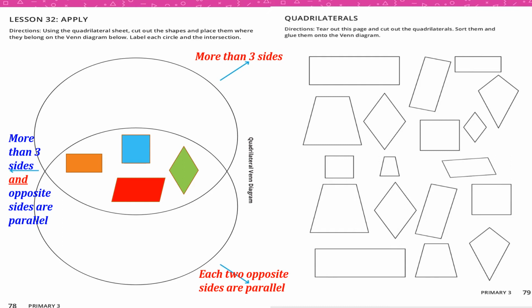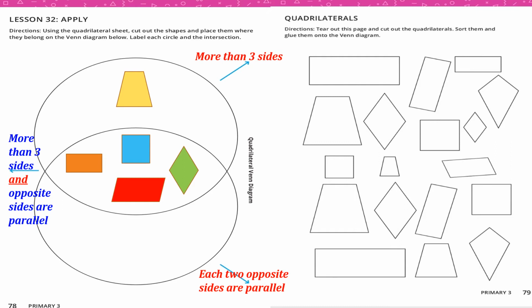And the next one, trapezium. Trapezium, more than three sides. But focus here. In trapezium, are each two opposite sides parallel? No. So I will not put it in the intersection area.